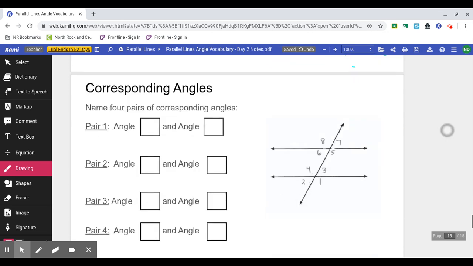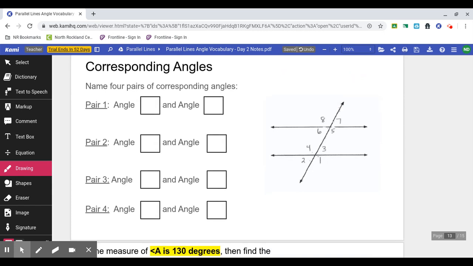Okay, do some practice now identifying more corresponding angles. So angle 8 and angle 4 are both on the top left, which means angle 4 and angle 8 are corresponding angles, which also means they are equal to each other. Angle 7 and angle 3 are both on the top right, which means they are corresponding angles and equal to each other.